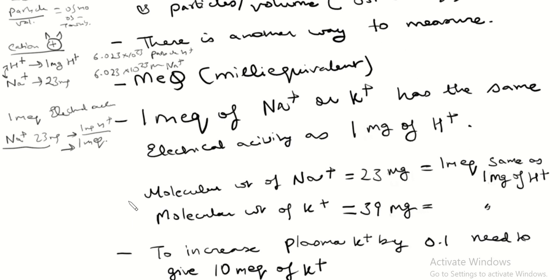So let's say it's potassium. Potassium also gives me one positive charge per particle, like the hydrogen ion does. Its molecular mass is 39 milligrams. So 39 milligrams of potassium is 1 milliequivalent, the same as 23 milligrams of sodium cation.